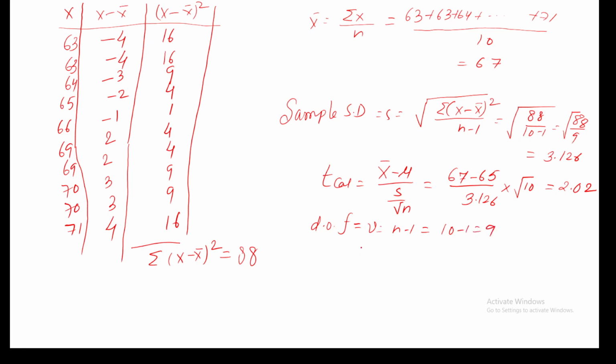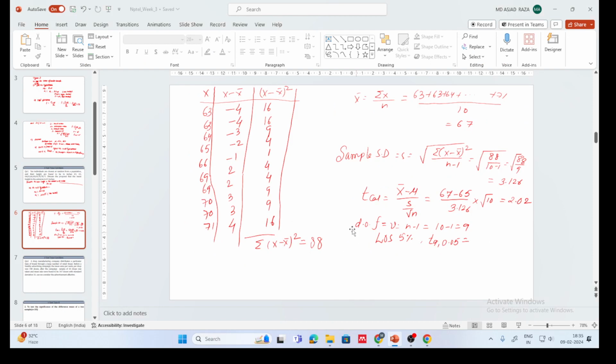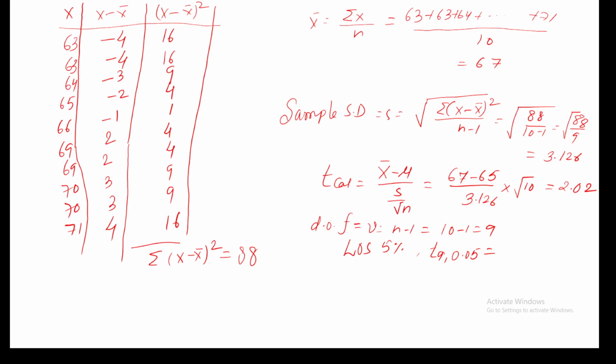As no level of significance is given, we'll go for the level of significance 5%. So T at 9 degrees of freedom and 0.05, what is the value? We'll check. 2.262. Shall I show the table, or is everyone able to get it now? Okay, I will just write. So T tabulated is 2.262.